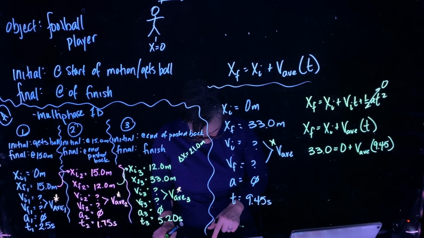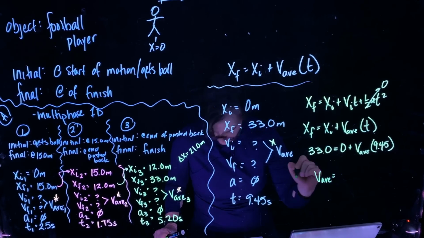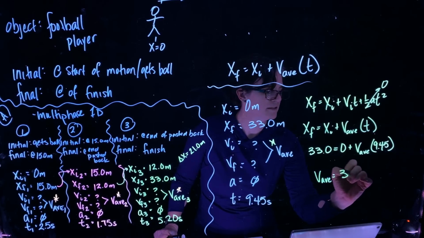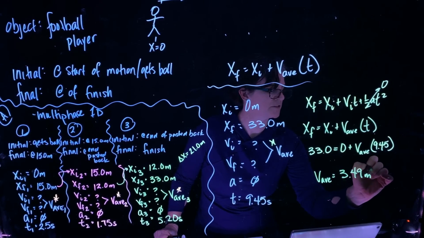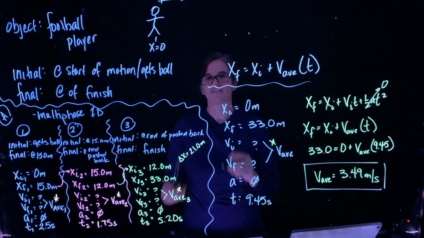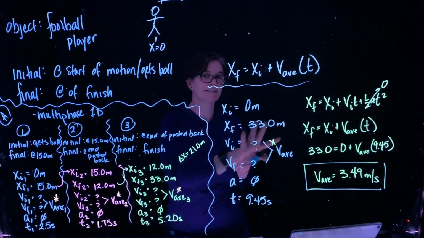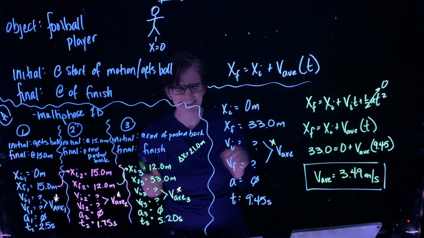So 33 divided by 9.45, we get an average velocity of 3.49 meters per second.